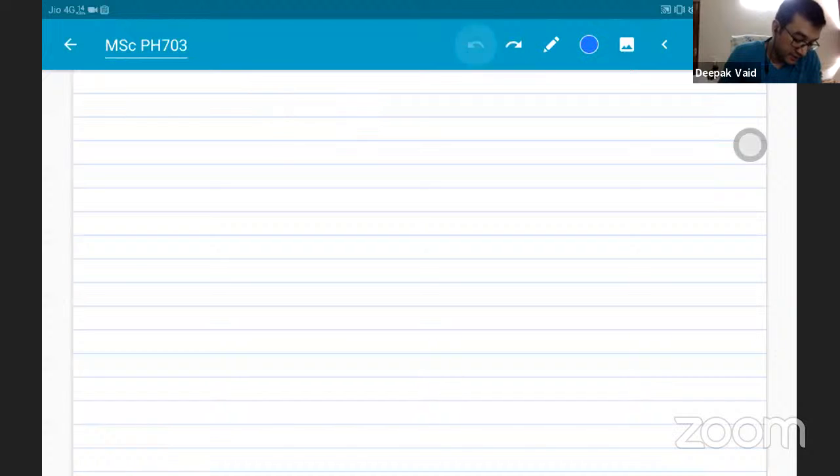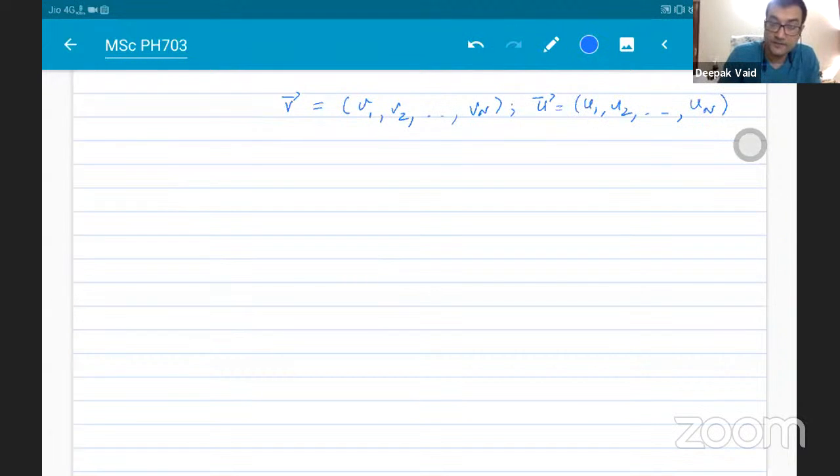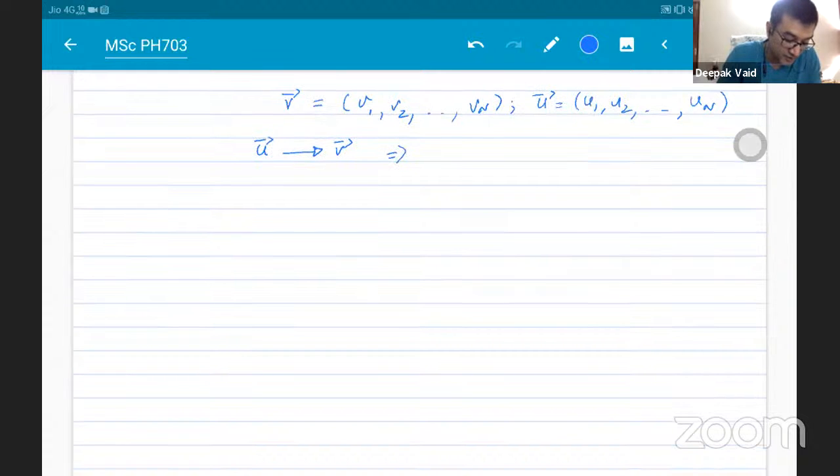So, okay, let me write down a vector V in terms of its indices, okay? V1, V2, Vn. And I'll write down another vector U as U1, U2, Un. And I want to take the vector U and transform it into the vector V, right? So that means my components of the vector V. So V has, let's say, n components. Let me take the ith component, V of i.